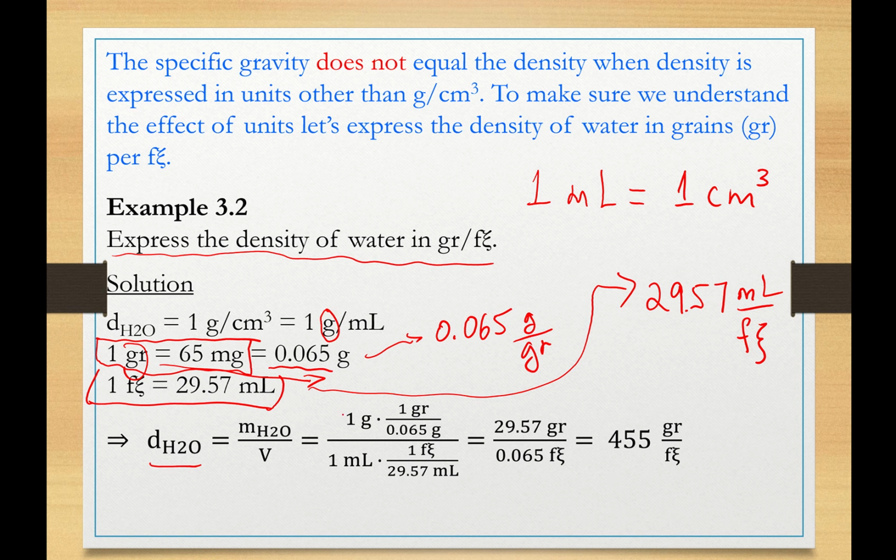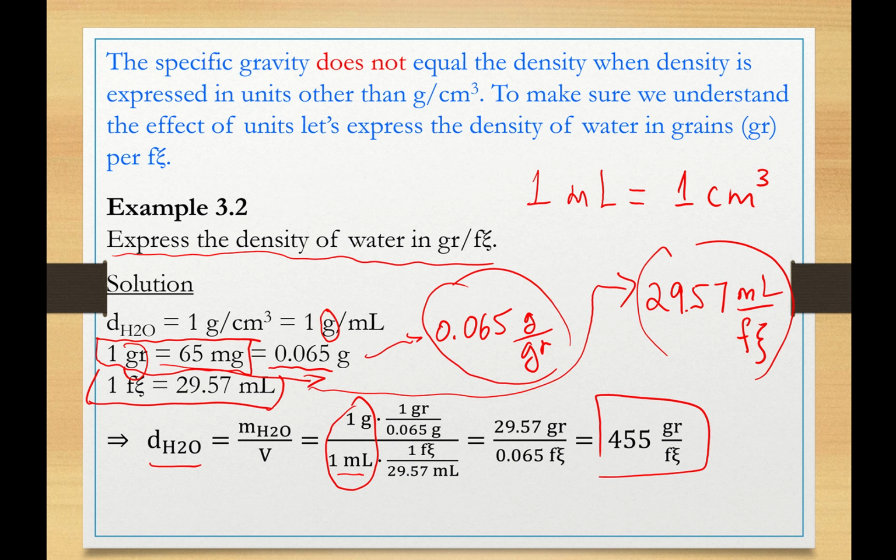So the density is 1 gram per ml. Here we are. I divide it by 0.065 grams per grain, and in the denominator I divided by 29.57 ml per fluidounce, as you can see here. Carry out the algebra and you see that the density of the water is 1 gram per ml, and that's equivalent to 455 grains per fluidounce.